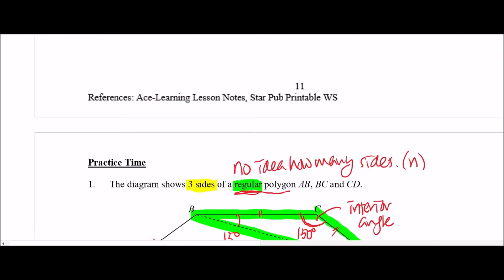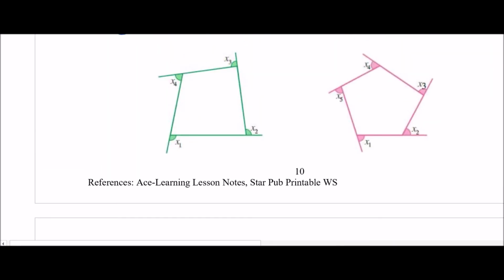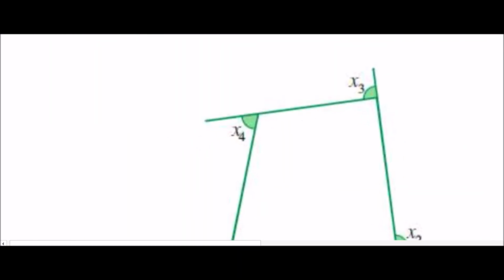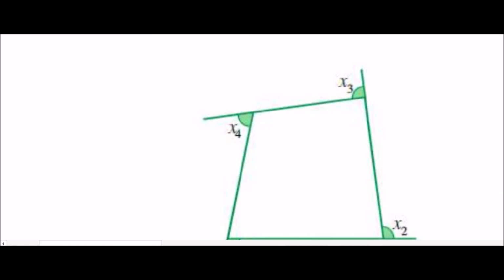Let's go back to the diagram here. Let's zoom in here. Let's look at x4. We have x4 as one of the exterior angles. Which one is the interior angle that is paired to this x4? Well, it's actually just this. This is the interior angle.